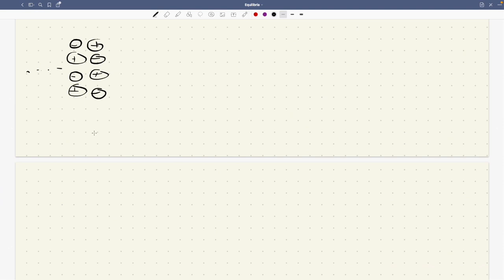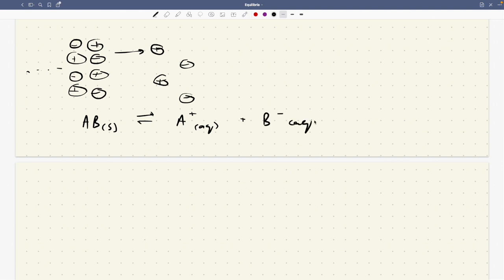So, if we imagine that's my solid, that's my AB solid, in a saturated solution, an equilibrium is established where you have certain ions dissolving into the aqueous phase, where we're going to have the positive cation aqueous and the negative anion aqueous like that.